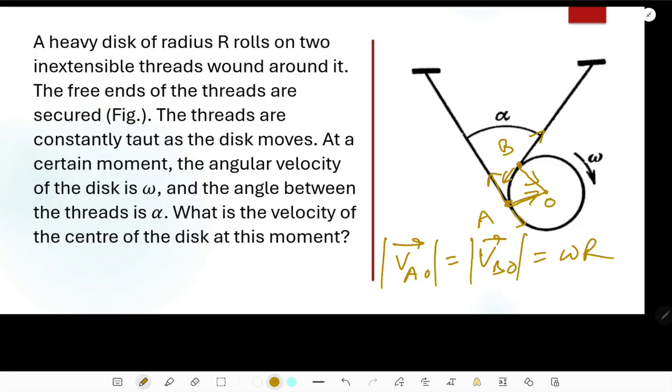But the ends of the thread do have some velocities, so their velocity must be perpendicular to the threads. So these are the directions of the velocity of A with respect to ground, and of B with respect to the ground.